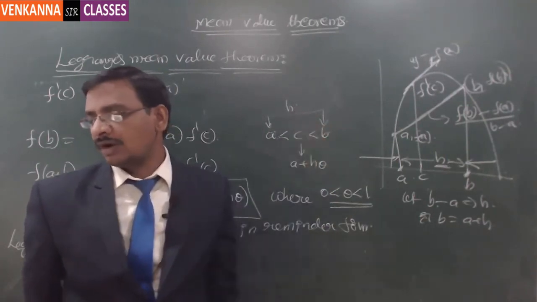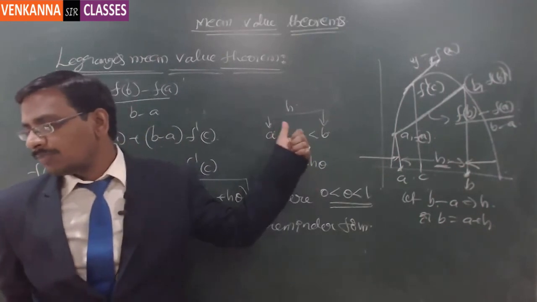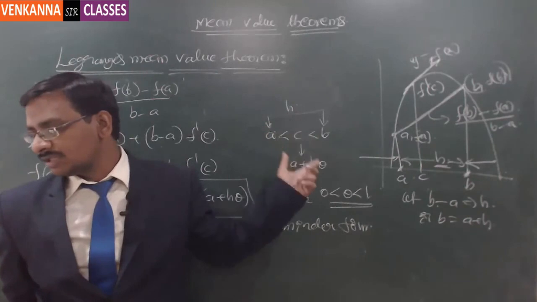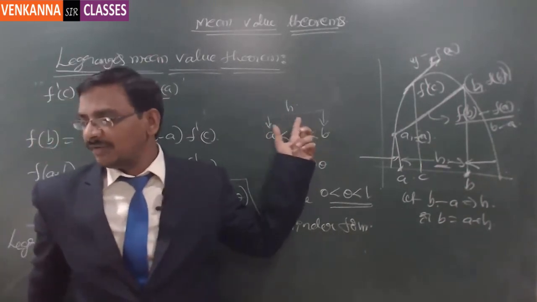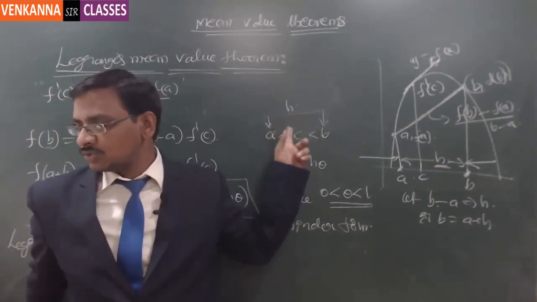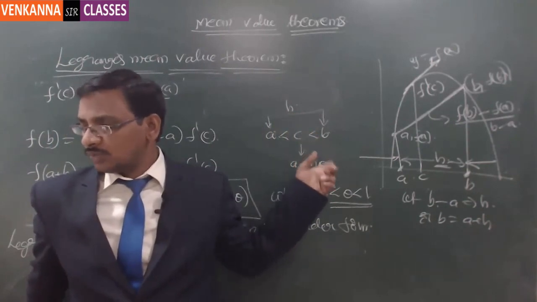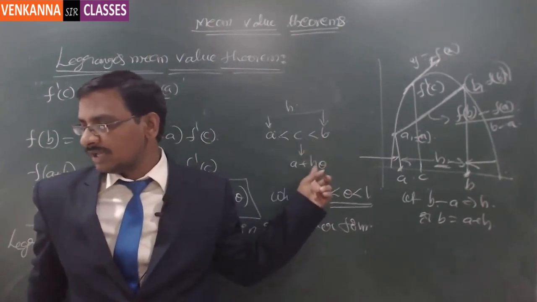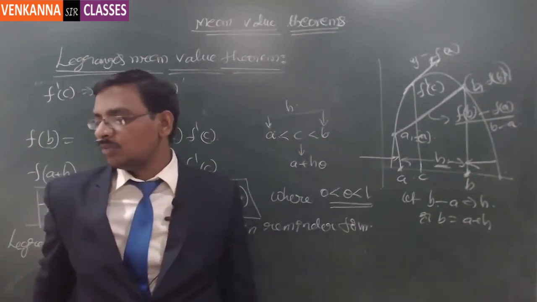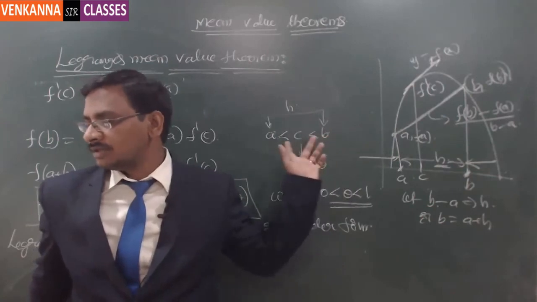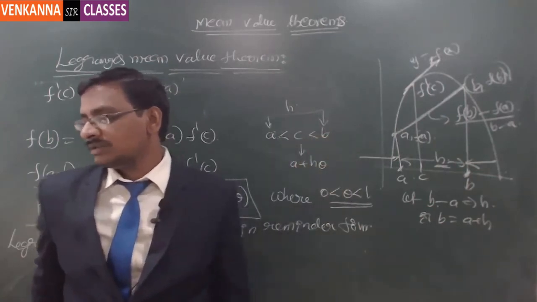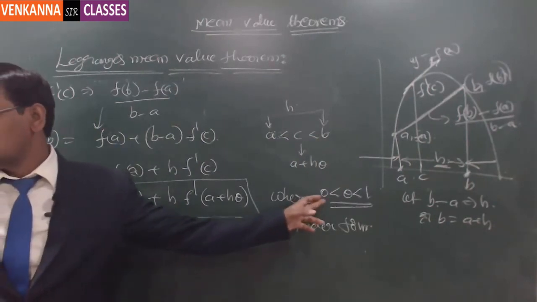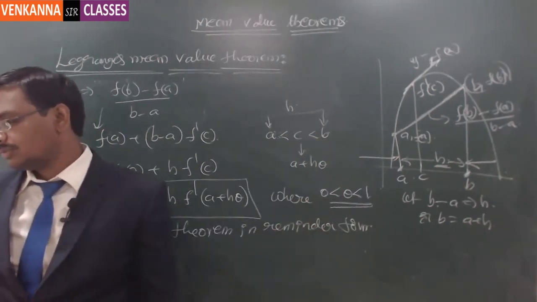If I call that factor 0.1, then a plus 0.1 h will definitely be in between a and b. Suppose I call theta 0.5, then a plus h by 2 will be in between these two. If theta equals 1, then it will be b, that is a plus h. Suppose I take theta more than 1, then it is outside the range of a and b. That is invalid. That's why we state f dash of a plus h theta, where 0 is less than theta less than 1. Clear?